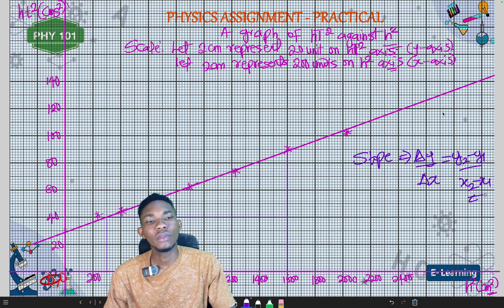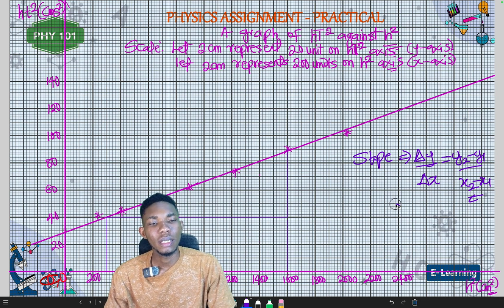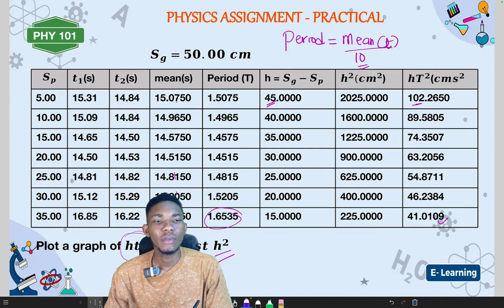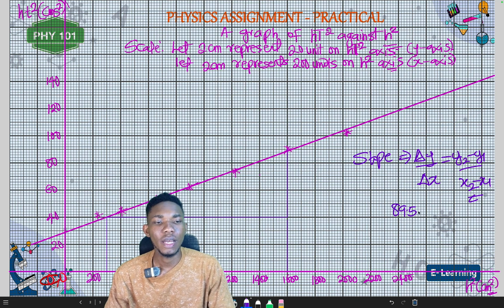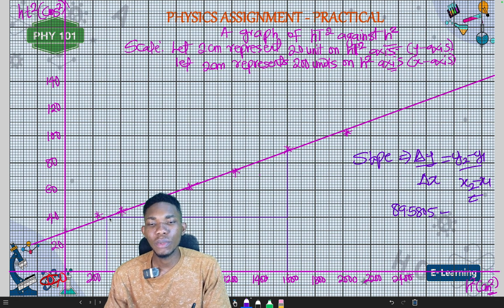So you take that value, let me write it here, 89.5805 minus y1, which is this value here. The value that we actually ruled here was 40. If you trace this one down, this was the first point we took, down to this point, it gives you that 89 point something.